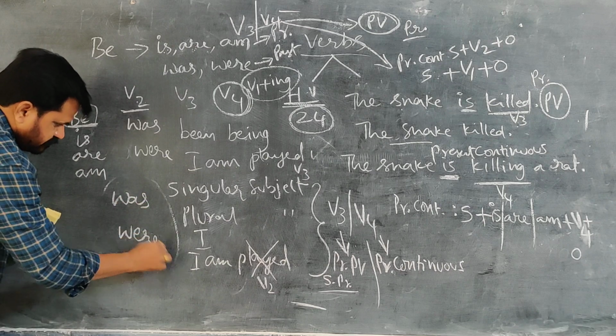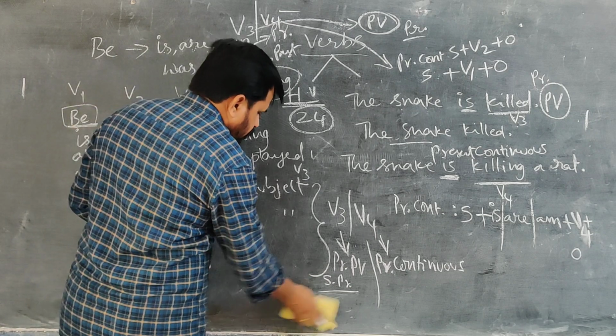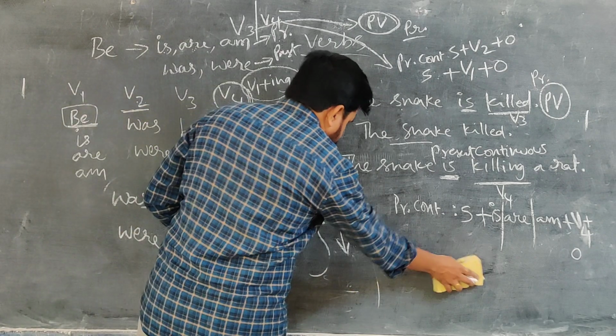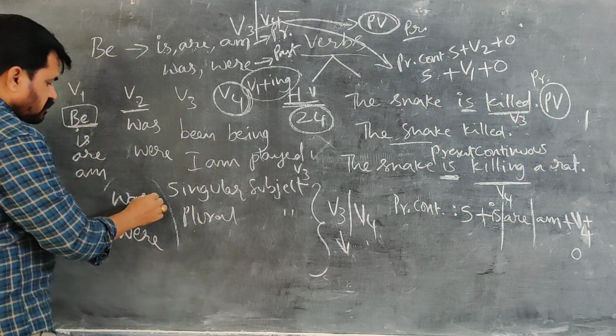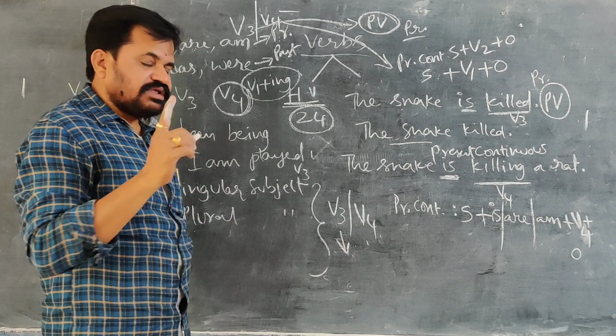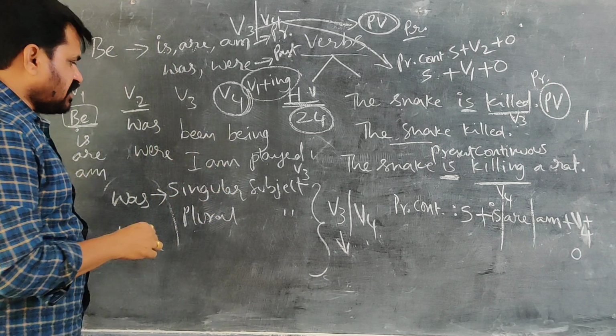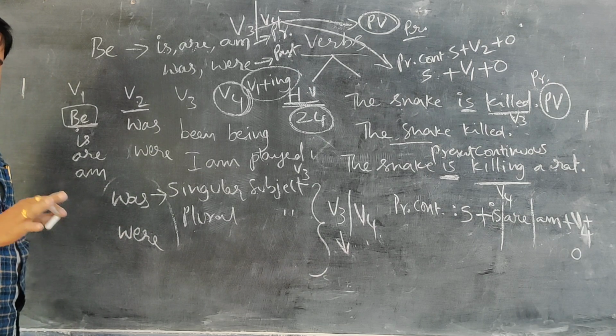Was, were. With was, we can use only a singular subject. Here I also comes, no doubt at all.